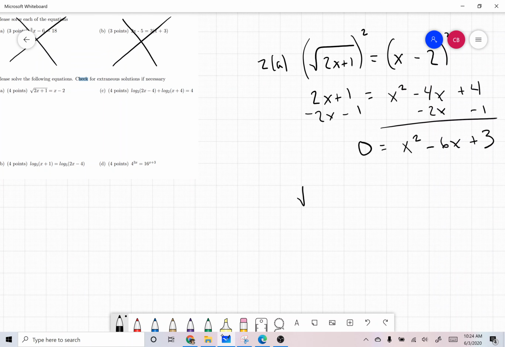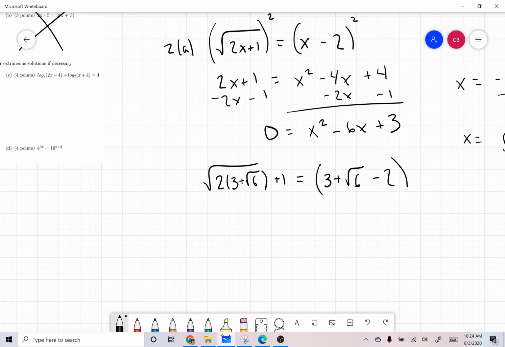So if we were to check this, we have the square root of 2 times 3 plus the square root of 6, plus 1, is equal to 3 plus square root 6 minus 2. Okay, so this is going to be the square root of 6 plus 2 square root 6 plus 1, which is 1 plus square root 6.